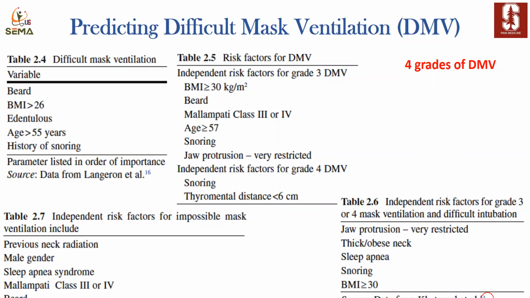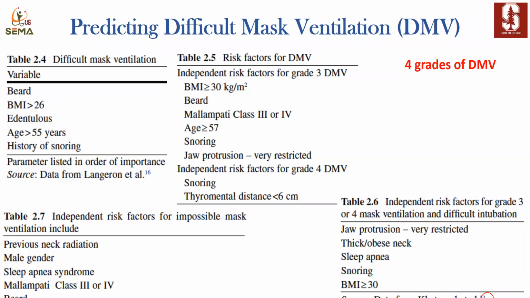Grade 2, mask ventilation was achieved but required an oral airway to open up the airway to help with mask ventilation. Grade 3, on top of the airway, you really need a muscle relaxant, otherwise you cannot ventilate the patient. In grade 4, mask ventilation is impossible.